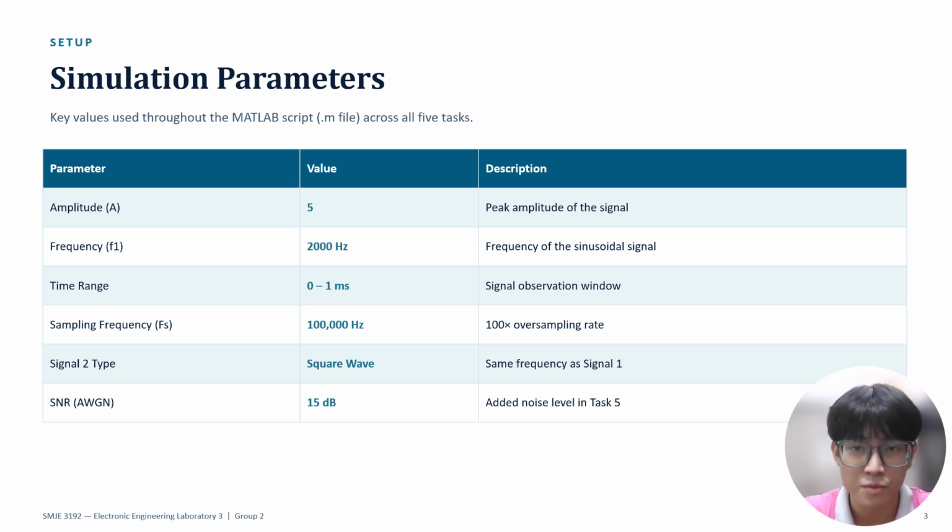Crucially, we chose a sampling frequency of 100,000 Hz, which is 50 times the Nyquist rate, ensuring a highly clean and accurate representation of the continuous signal. Our second signal was a square wave at the same frequency, and in the final task, we introduced noise at a 15 dB SNR.